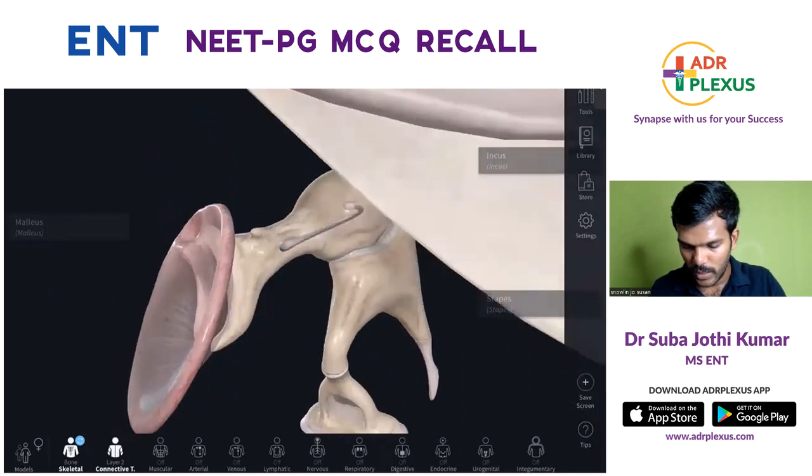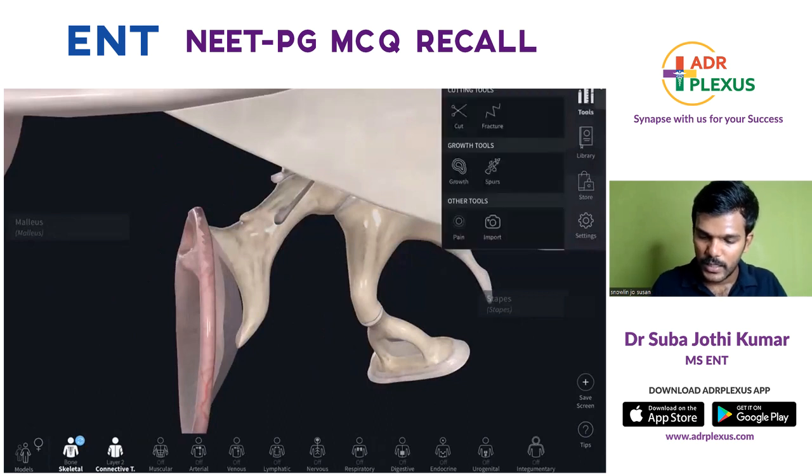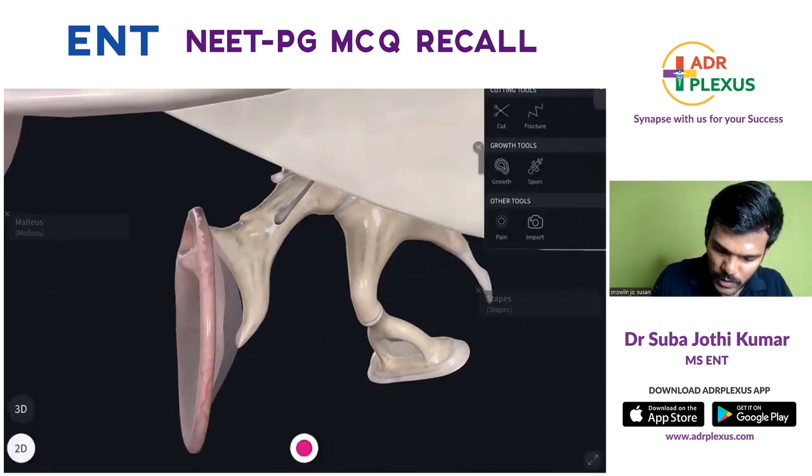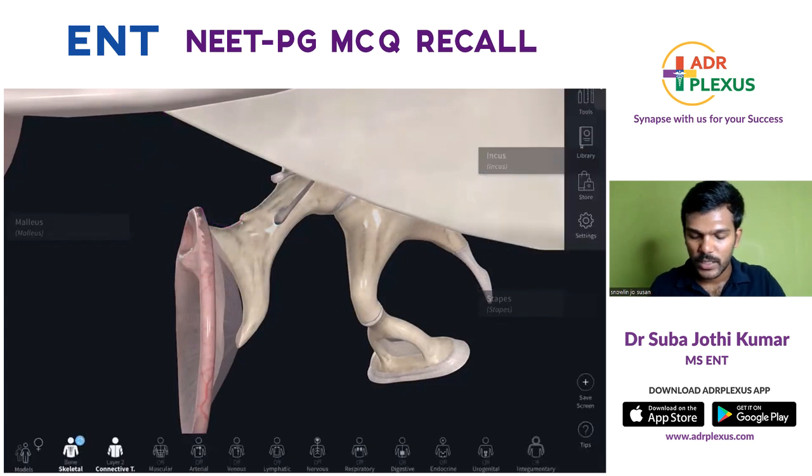Now we should know a little bit about the spaces that are associated with these structures. See here, just over here, you will see a space called Prussak's space. I have given a clear description about this space. So when you are learning about ossicles, you should be learning about this Prussak's space also. Okay.